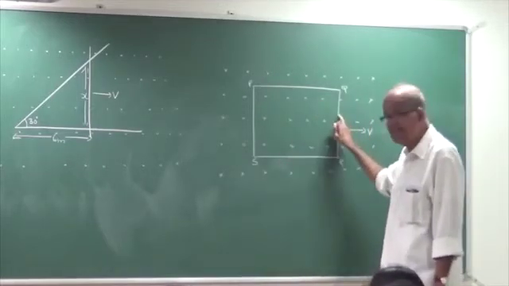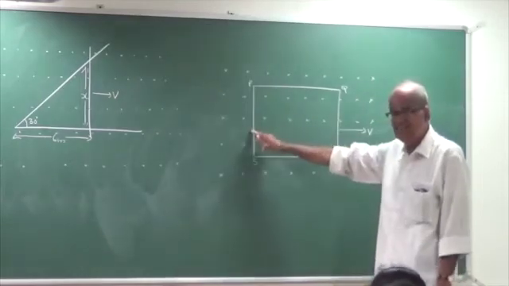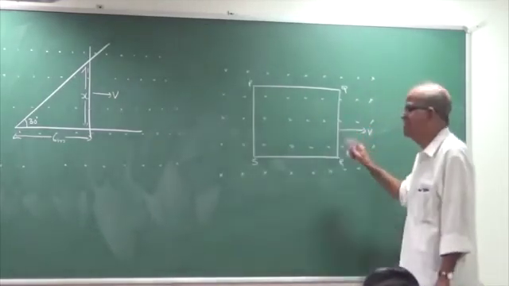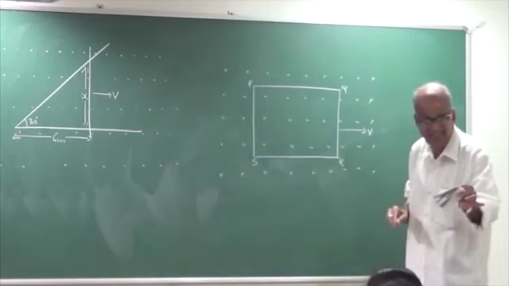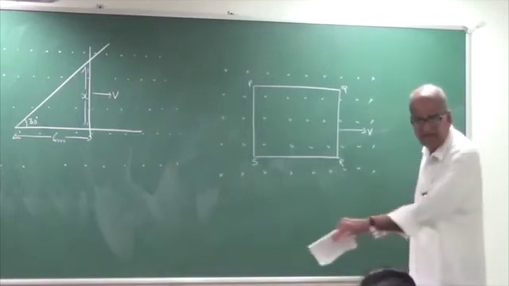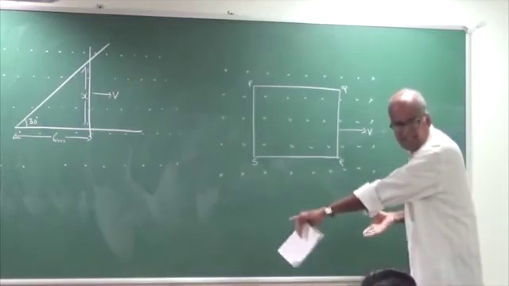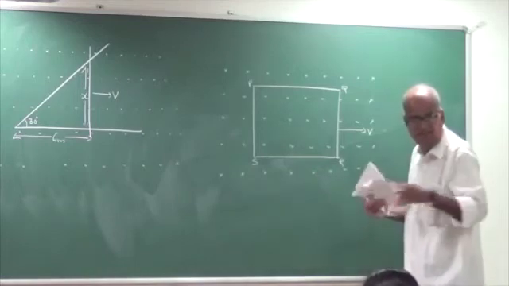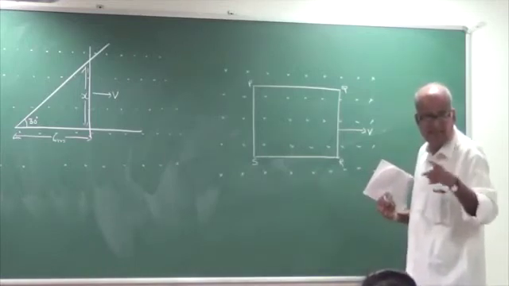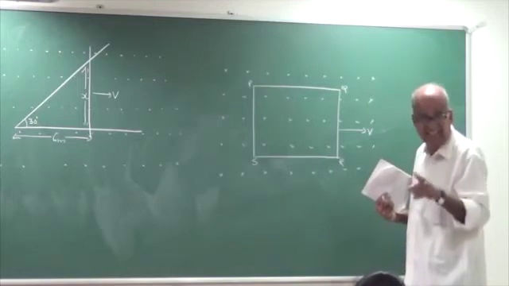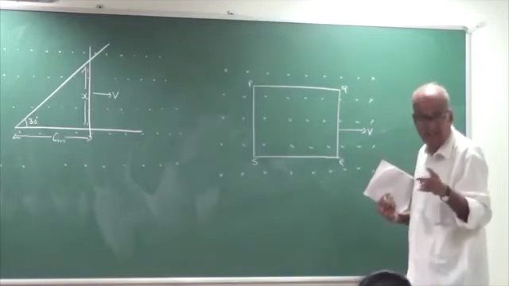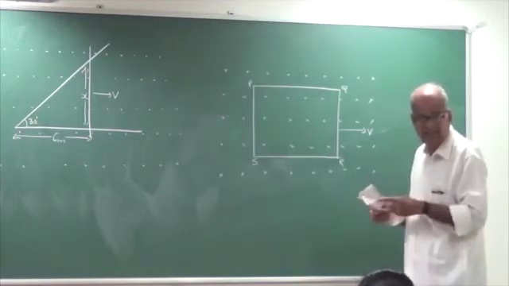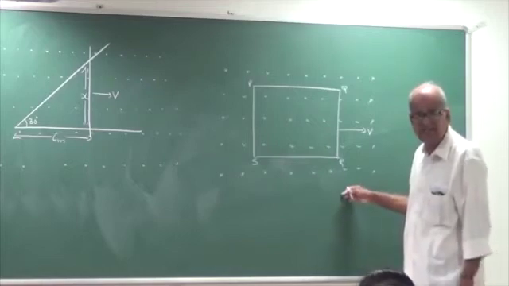There is EMF induced in this, and in this. Now what is the EMF induced in this? BLV. We have worked it out now. When part of the frame is inside and part is outside, have we not worked it out? Induced EMF is BLV, we calculated the current, we calculated the power. Don't you remember, in one of our earlier classes?